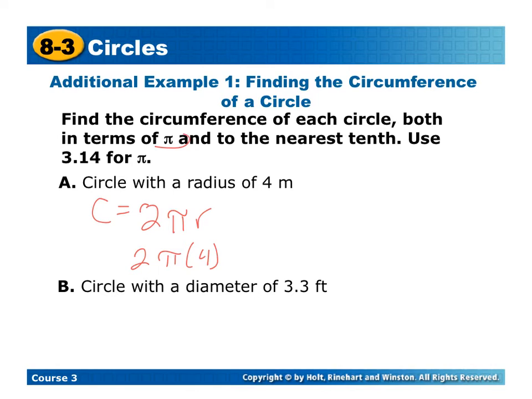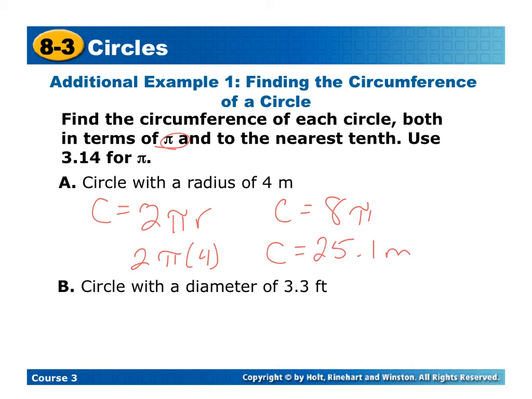So in terms of pi, our circumference would equal 8 pi, because sometimes you'll see pi used more like a variable. If we use the decimal approximation and take 8 times 3.14, we get 25.12, but rounded to the nearest tenth, it would just be 25.1 meters.